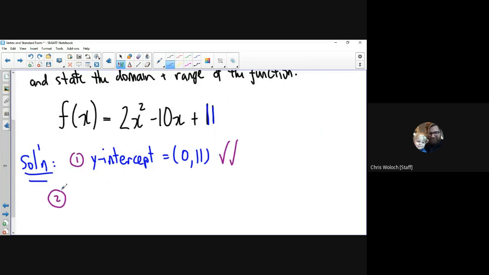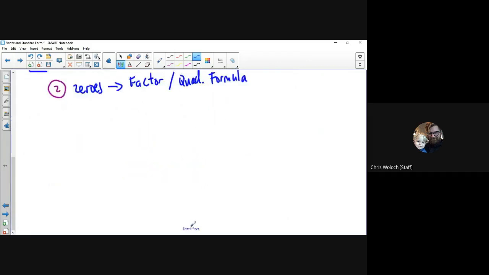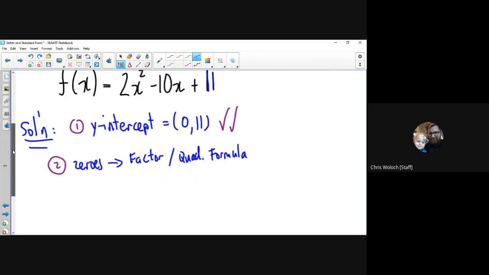Now, second thing, let's get our zeros down. So again, remember, to find the zeros, we can factor or use the quadratic formula. Let us just rewrite the function and then get to it. So 2x squared minus 10x plus 11.